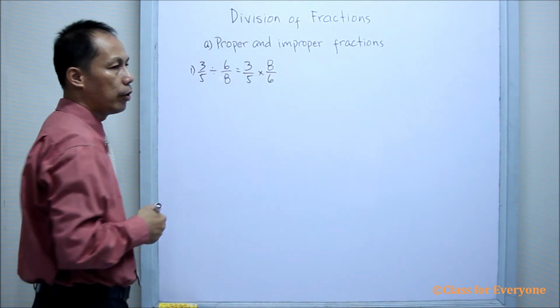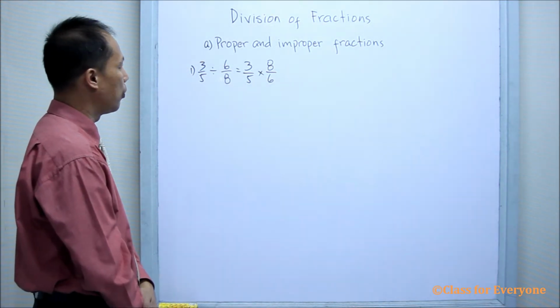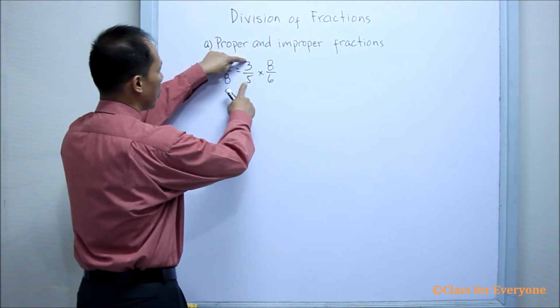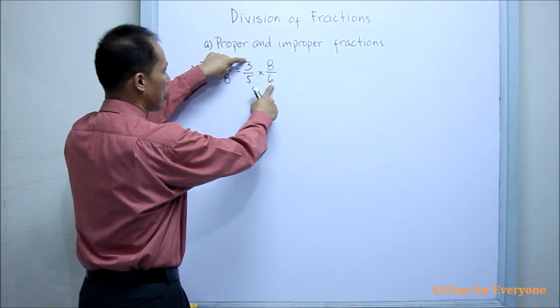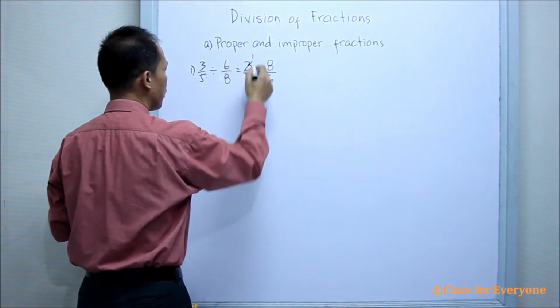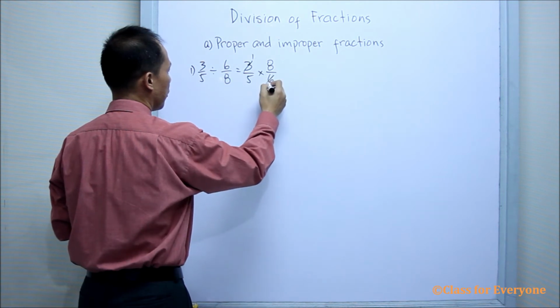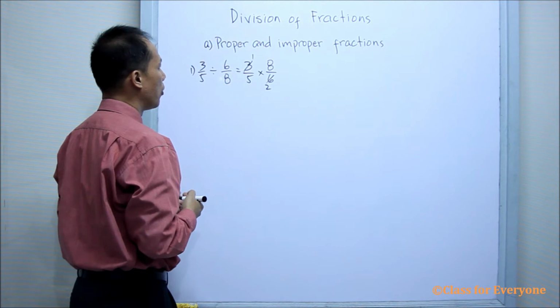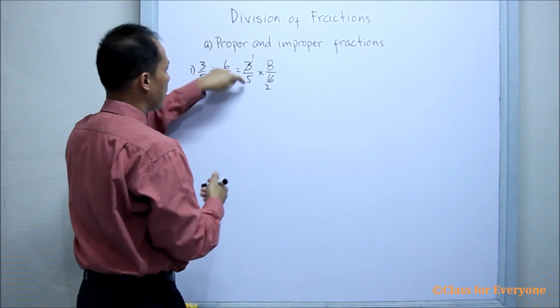The next thing that we're going to do is just like what we have done in multiplication. Find if there is a common factor between the numerator and the denominator. There is a common factor of 3. So we'll divide this by 3. This becomes 1. This becomes 2. Now, find if there is still any common factor between the numerator and the denominator.